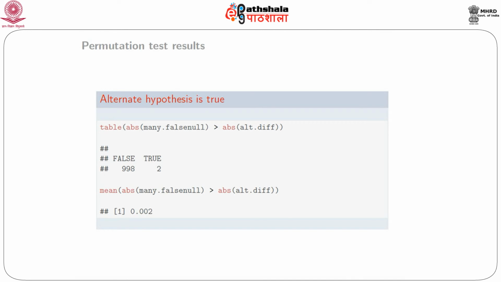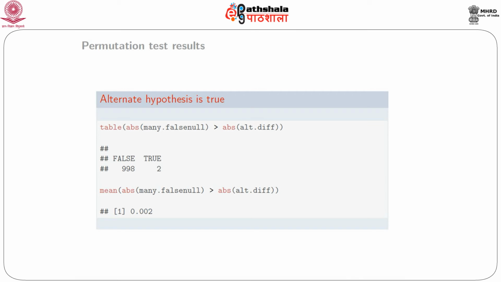Now, if we do the same procedure for the false null, what do we get? First, for the false null value, the red line is outside, at the right side end of the histogram, and if we do a table of that, we see that out of 1000 permuted data sets, only 2 values are such that the null difference for those are greater than the observed difference for the alternative hypothesis.